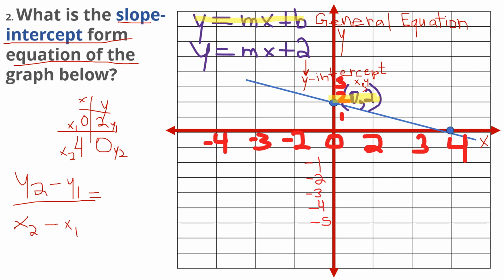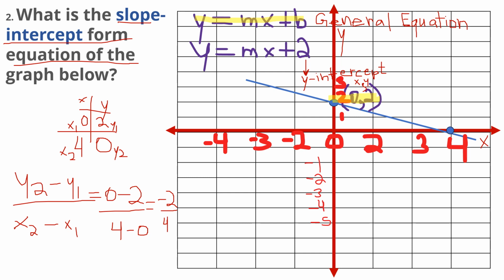When you put in your y2 value, you get 0 minus 2 over 4 minus 0. You're going to get negative 2, because 0 minus 2 is negative 2, over 4 minus 0, which is 4.